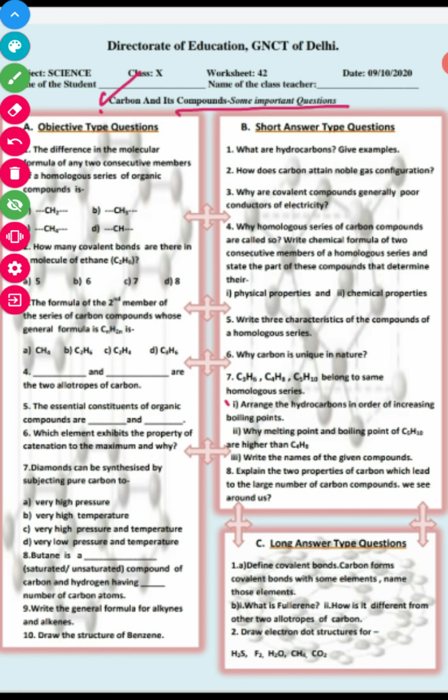Each carbon atom is bonded with three other atoms with the help of one double bond. And diamond is a three-dimensional hard structure. Each carbon is bonded with all other four carbon atoms. In case of fullerene, carbon atoms are arranged in the shape of a football.